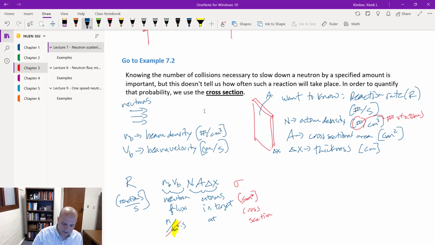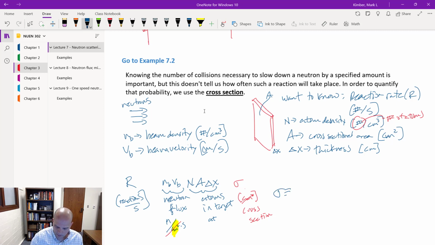This is going to be dependent on the energy that the neutrons are at. We talked a little bit about fission being sensitive to the propensity of a neutron to induce fission is going to be dependent on the energy of that neutron. That's why we have to slow them down. It's going to be dependent on all these things, but if we figure out what the cross section is, it's going to have units of area, so centimeters squared.